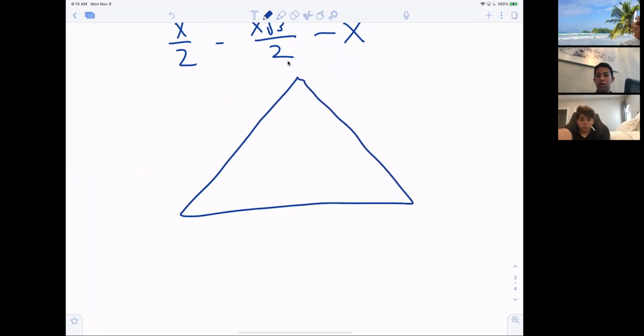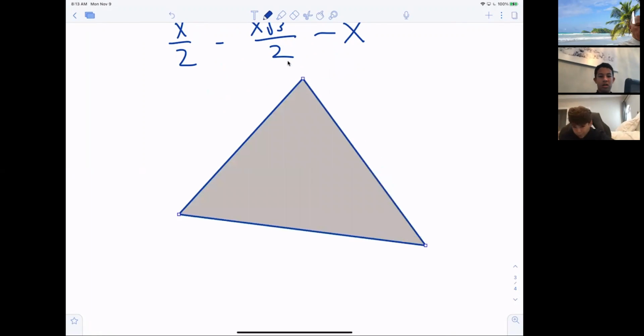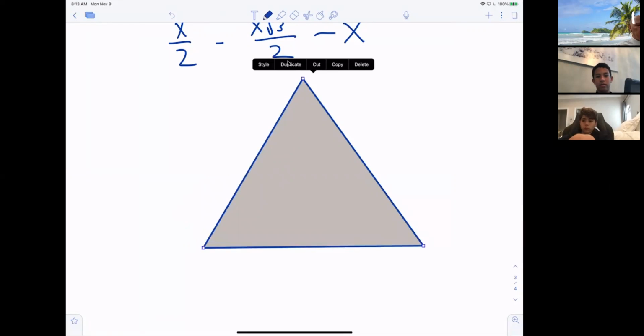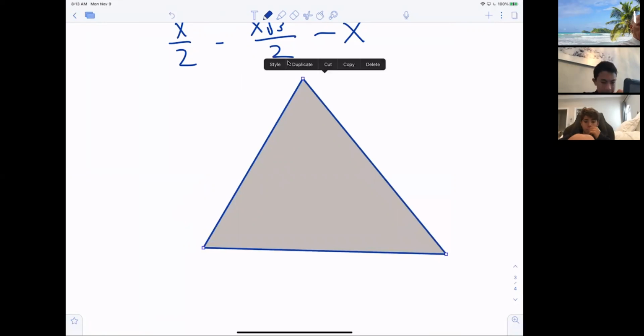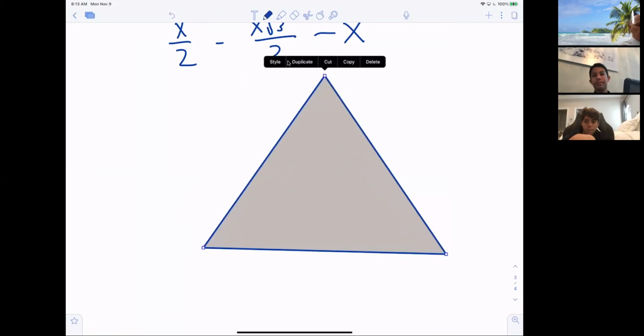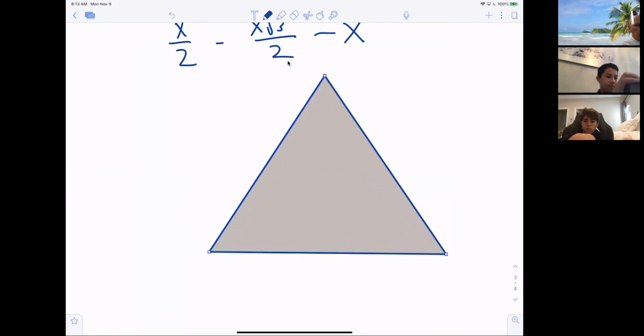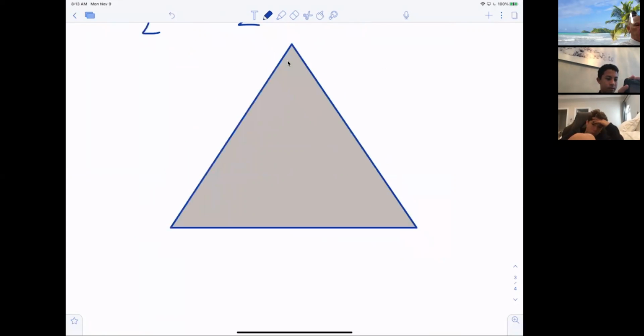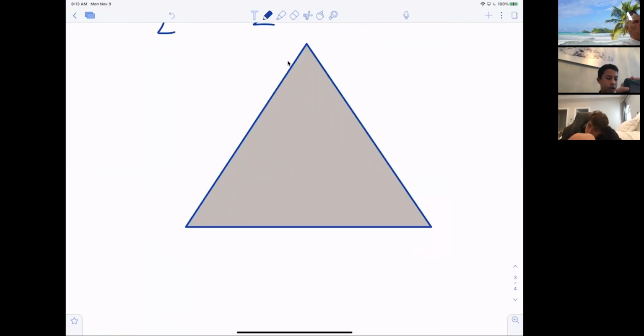Oh, that's pretty bad. So what I'm going to do is try to draw, the best I can, an equilateral triangle. So that's supposed to be an equilateral triangle. Now if that's an equilateral triangle, what's the length of the side of that triangle?